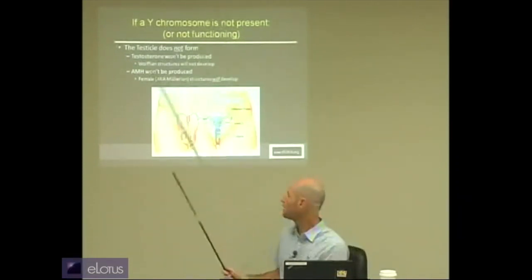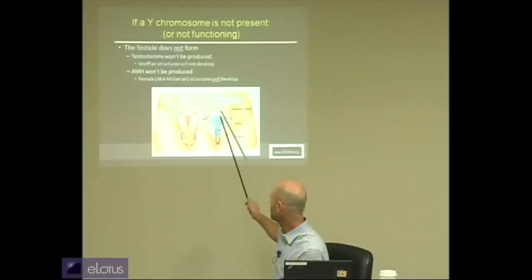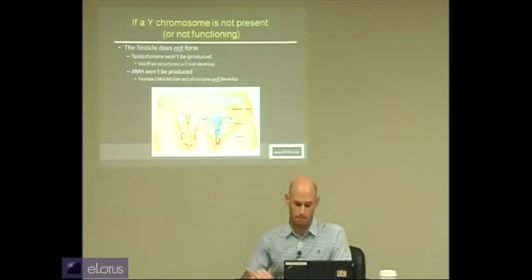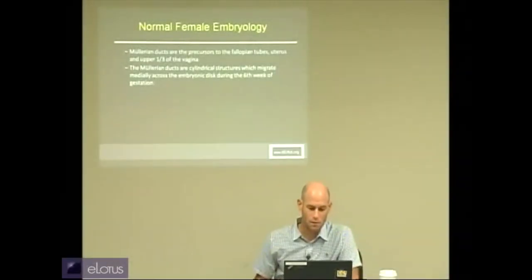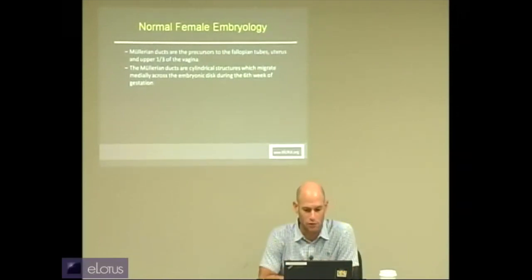So the Mullerian structures include parts of the uterus, the upper third of the vagina, and the fallopian tubes. The Mullerian ducts are the precursors to the fallopian tubes, uterus, and upper third of the vagina.